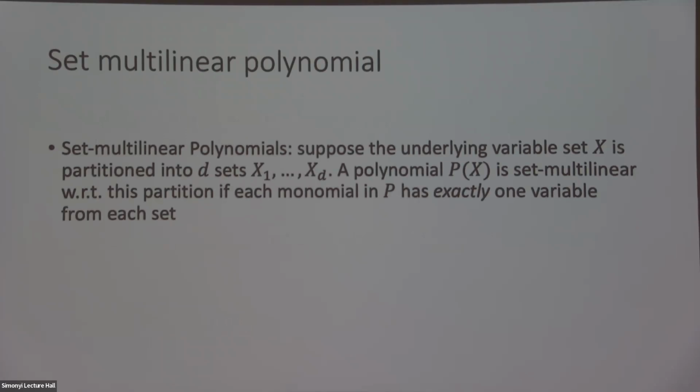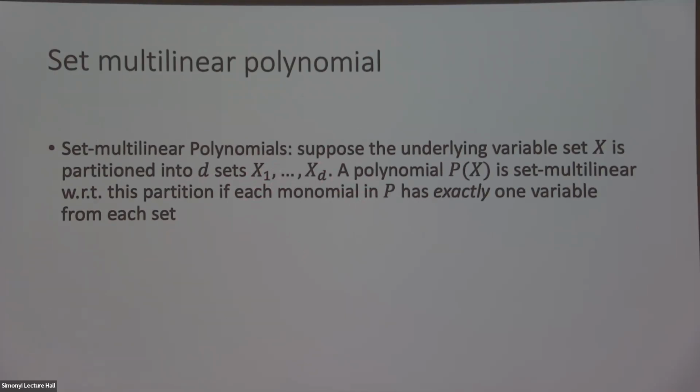Okay, so what's a set multilinear polynomial? Think of a polynomial in d sets of variables, x1 to xd. Each set might have n variables within it. And a set multilinear polynomial is a polynomial where each monomial in the polynomial picks up one variable from each set.